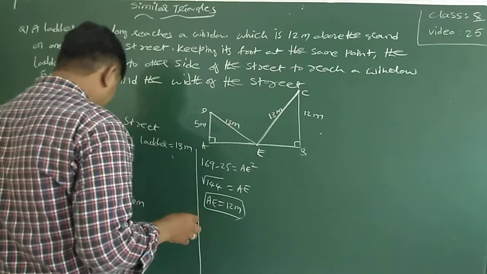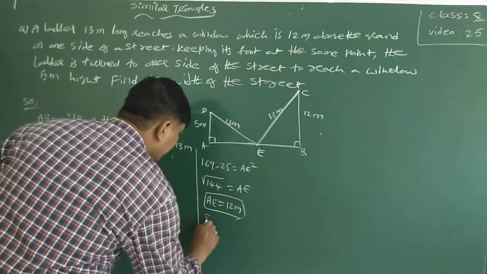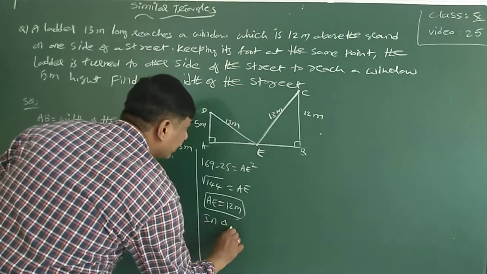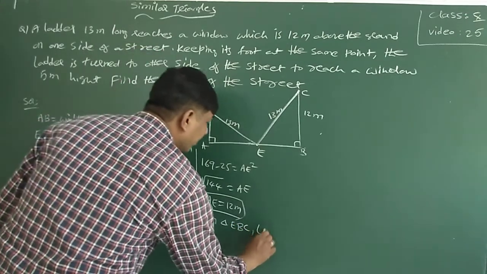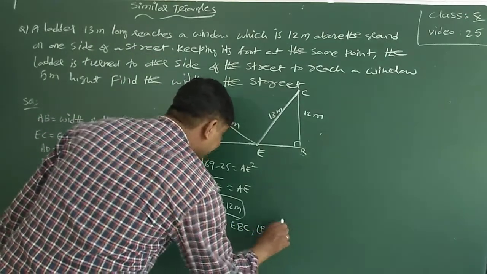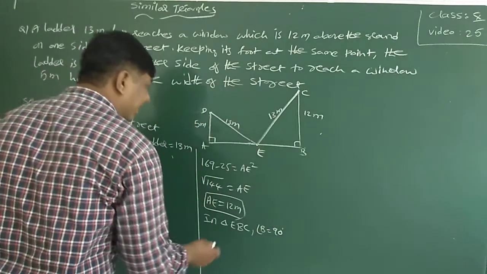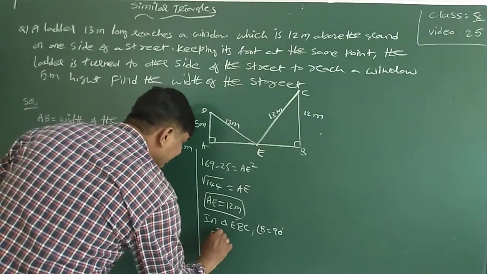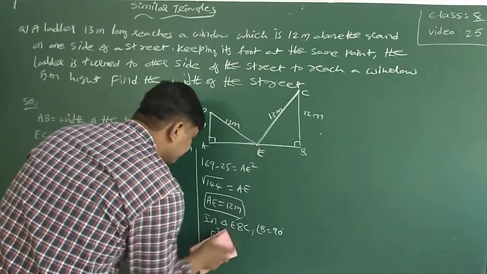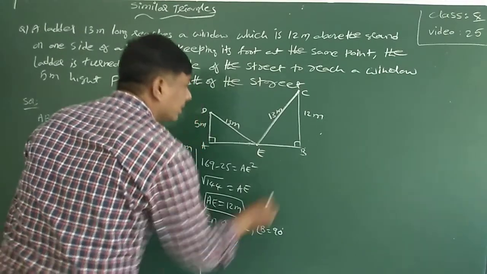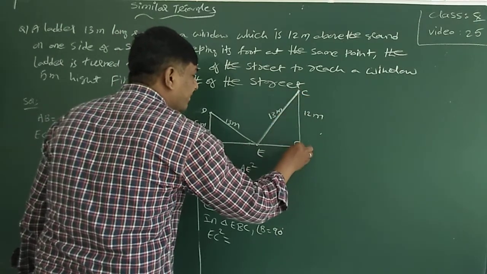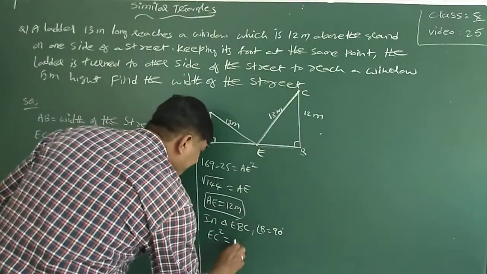Again, in triangle EBC, angle B is equal to 90 degrees. Again, applying the Pythagoras theorem, EC square is equal to BC square plus BE square.